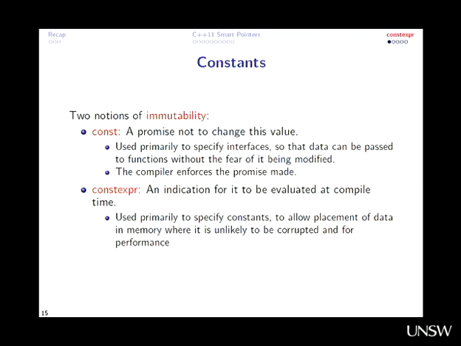A const expression is a way of creating functions or primary expressions that can be calculated at compile time. It means that we can place some data into memory where it's unlikely to be corrupted, and we can improve performance. So const expression is a hint to the compiler that, at compile time, you can calculate the value of this function, and it will always stay the same.